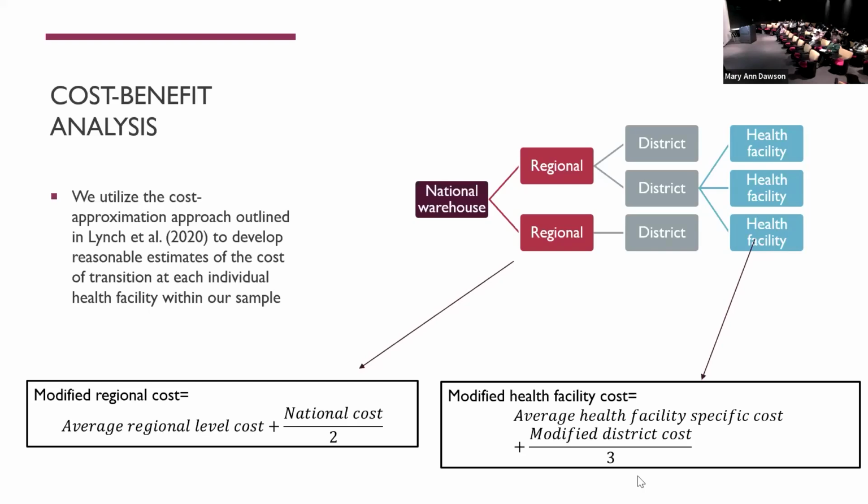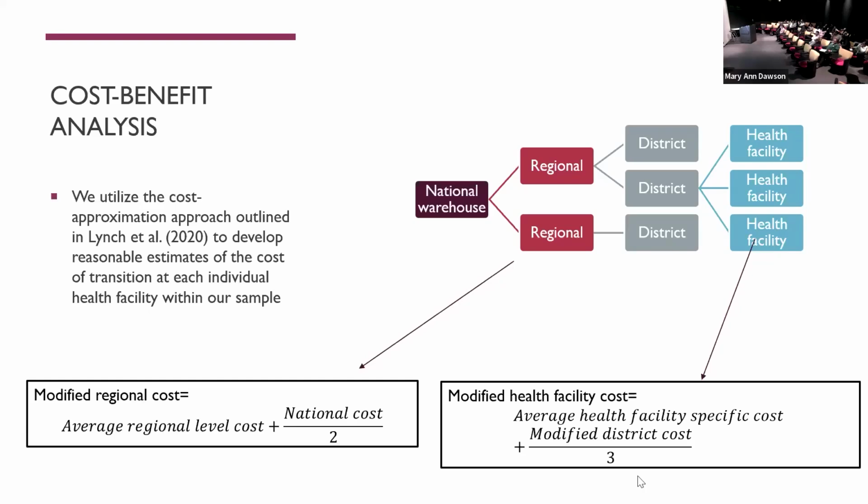Think of costs incurred directly at the regional level, so I will account for that. On top of that, I also account for the national cost, which is allocated across different regional warehouses, right? That's why you see the regional cost plus the national cost divided by 2, because that national warehouse is serving 2 different regional warehouses.